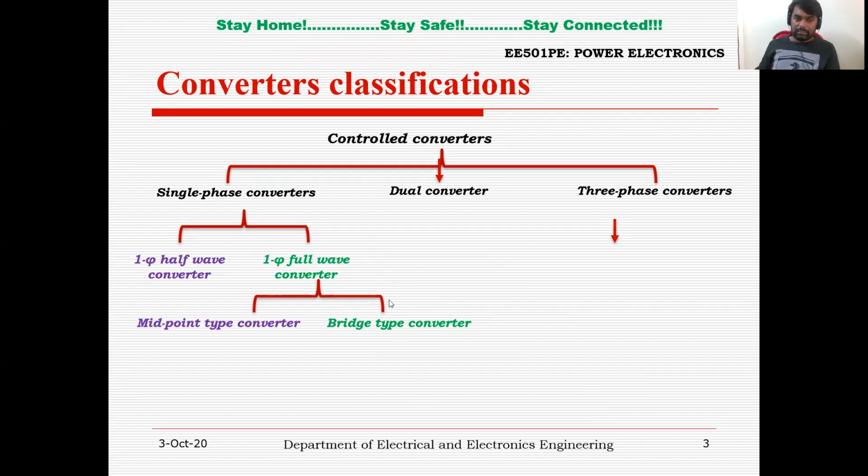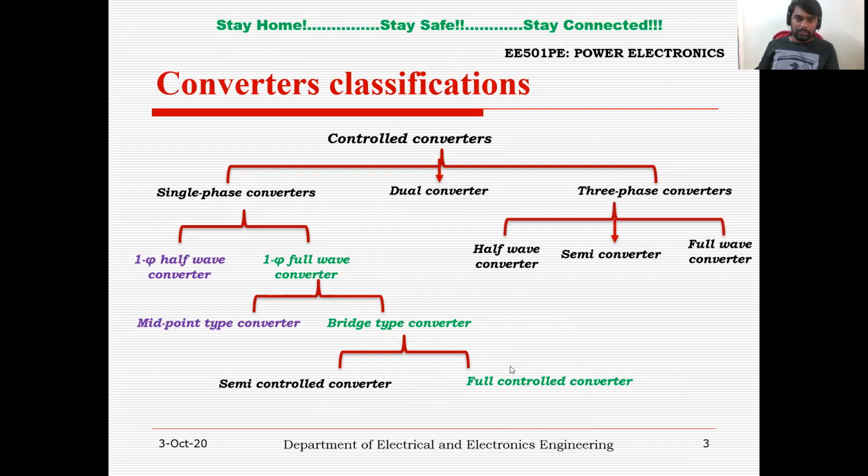In this lecture, I am going to explain bridge type configuration. There are two configurations in bridge type: the full wave bridge type, which is a fully controlled converter configuration, and the semi-controlled converter configuration. I am going to focus here on the fully controlled converter.